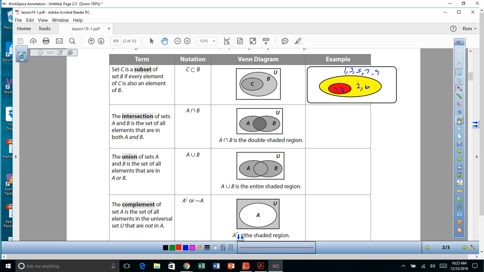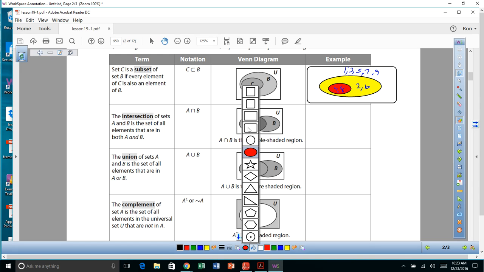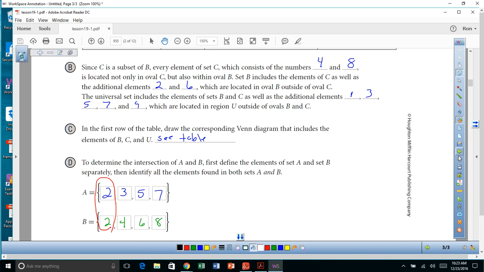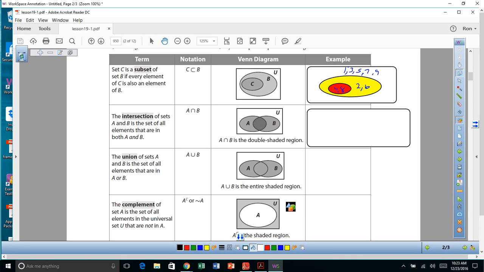So let's see here. All right, so we're going to have A, and then what color did we use for A? We used blue, so we're going to use blue.